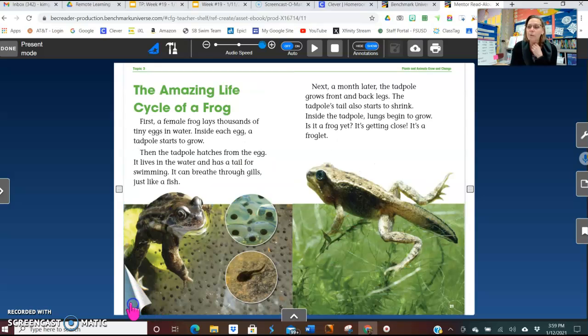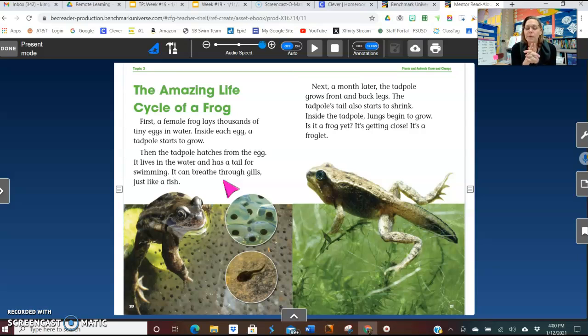All right, so I'm going to read this out loud nice and smoothly. I want you to pay attention to my periods and the raising and lowering of my voice. But what I really want you to be focusing on as we read is what happens during the life cycle of a frog. How is the frog growing and changing throughout its life?